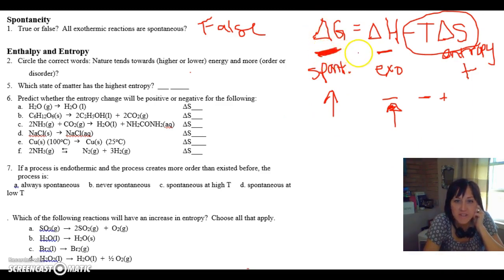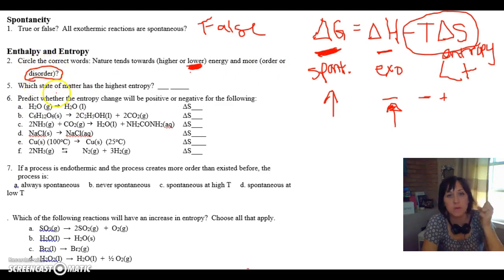So a negative value. So nature tends towards lower energy. And then more order or disorder. Remember, entropy, more disorder. So it favors more disorder. When you drop, I always think about dropping the pencils. You drop the pencils and they get disordered. So lower energy, more disorder.